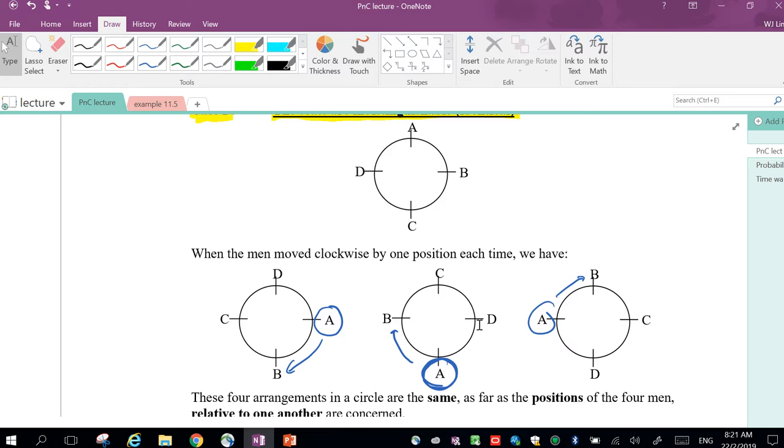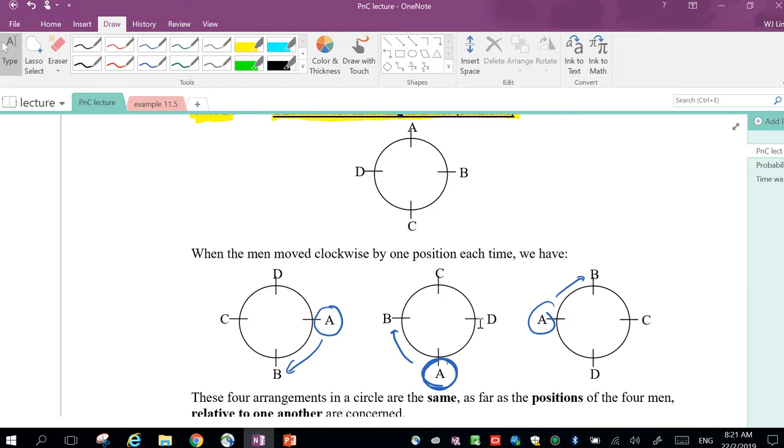On the left is still B, opposite you is still C, on the right is still D. Clear about that? Who is unsure about this? They are all considered 1 arrangement, but not 4 different arrangements, because the seats are identical.